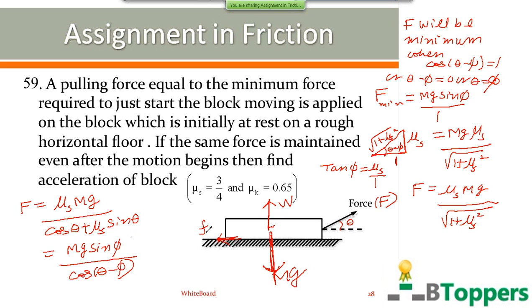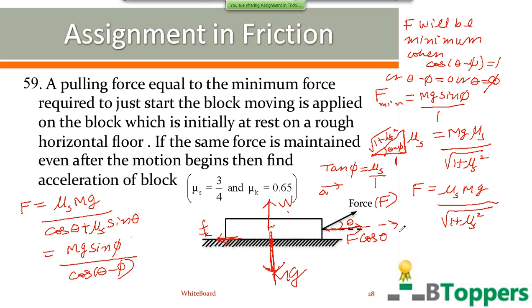The force of kinetic friction during the motion acts opposite to the direction of the motion of the block relative to the floor. I am showing the free body diagram for the block while it is moving. We can resolve this pulling force into rectangular components along the horizontal and vertical directions.